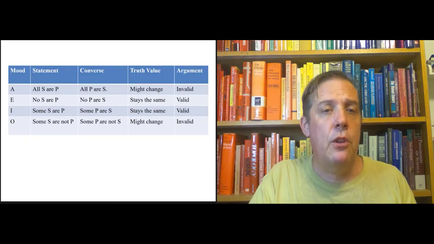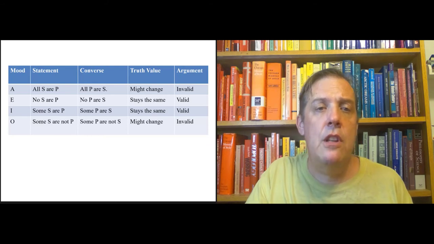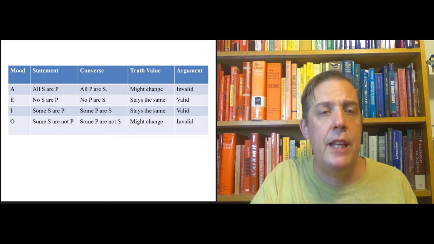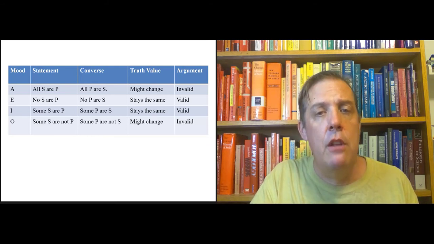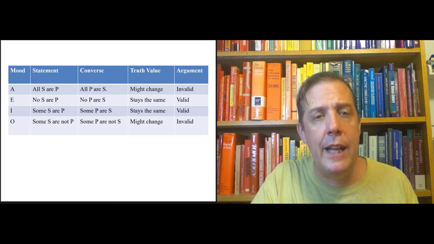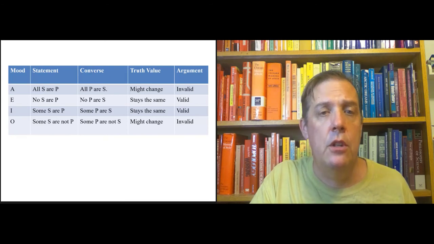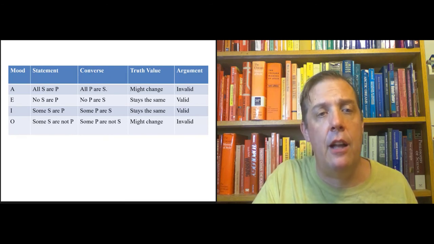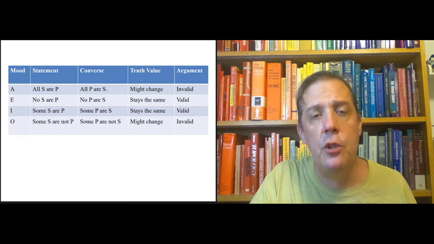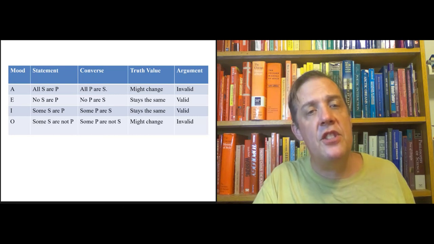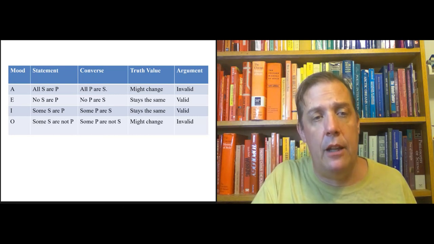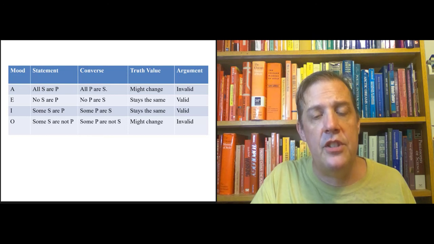So again, you can look at it like this. If you go from all S are P to all P are S, the truth value might change when you do that conversion. So therefore, the argument is invalid. For the next two, the truth value always stays the same, so the argument is valid. And then for O statements, again, the truth value could change, and therefore the argument is invalid.